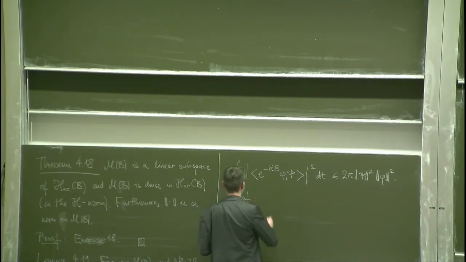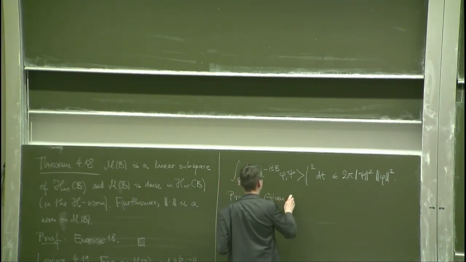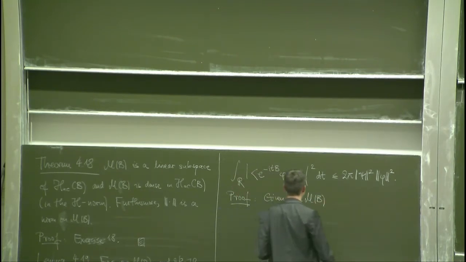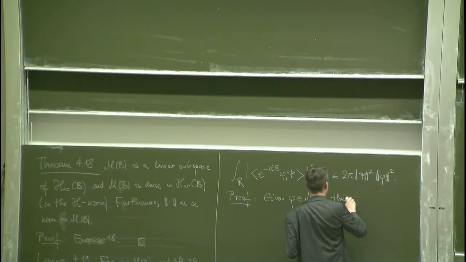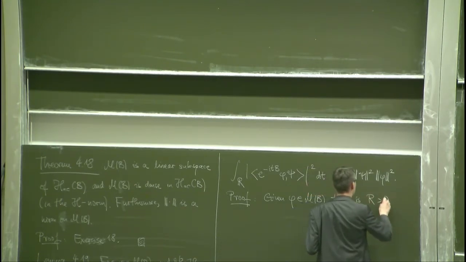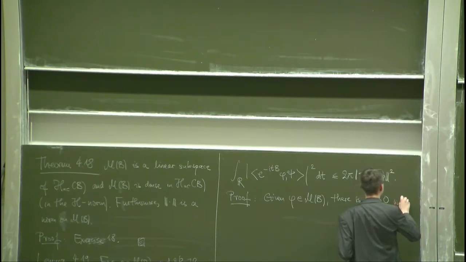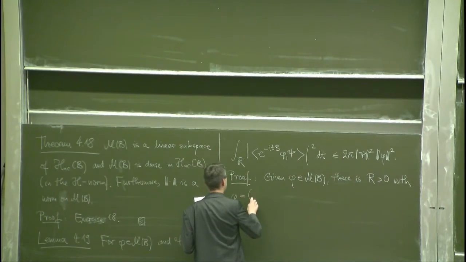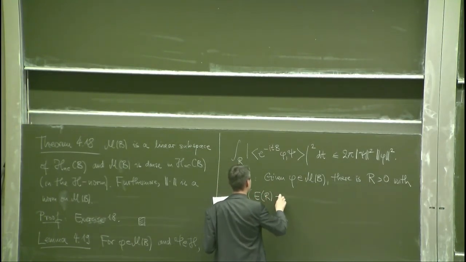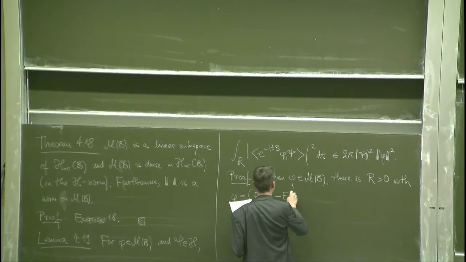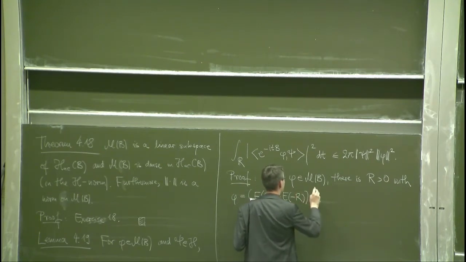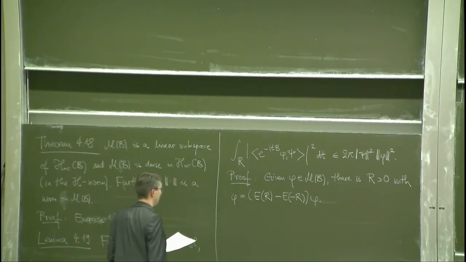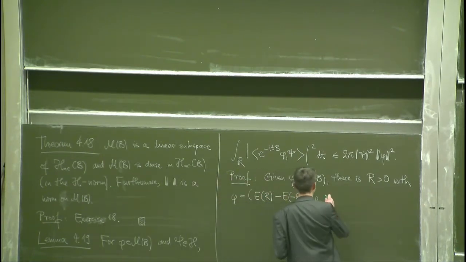First of all, given phi in this set M(B), there is a number R positive with the property that phi is equal to E(R) minus E(-R) phi, simply from the defining properties of the subspace M(B).